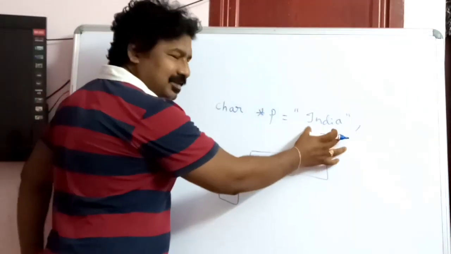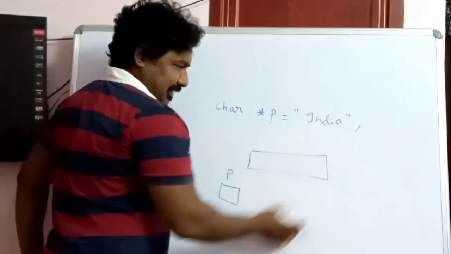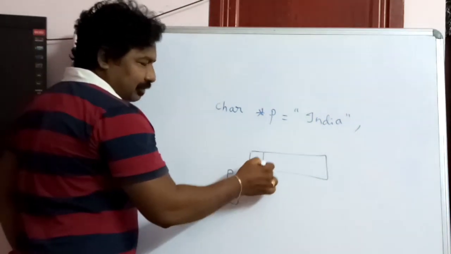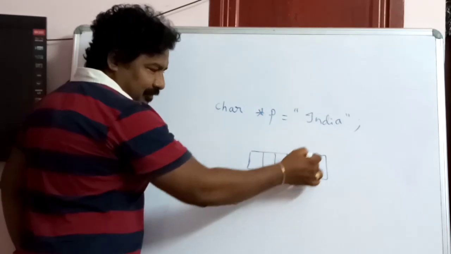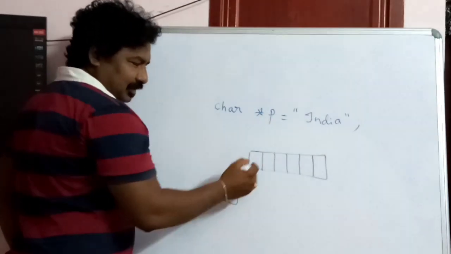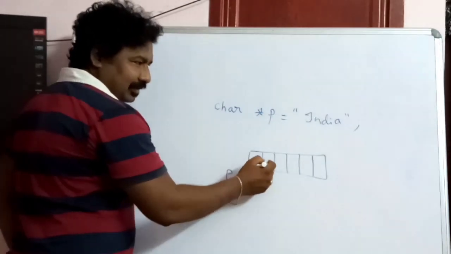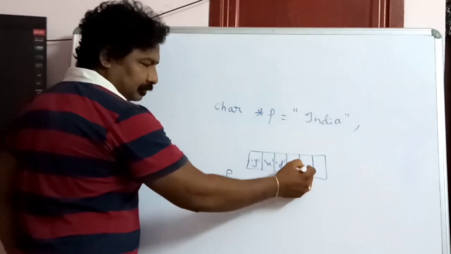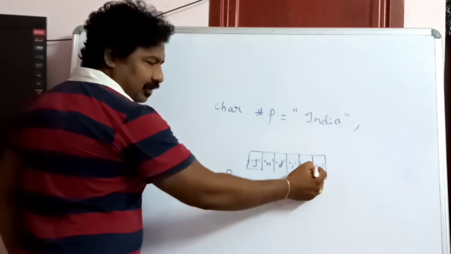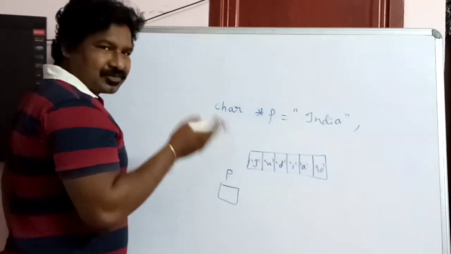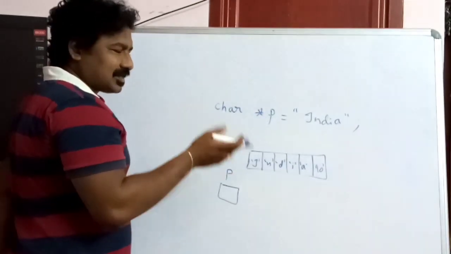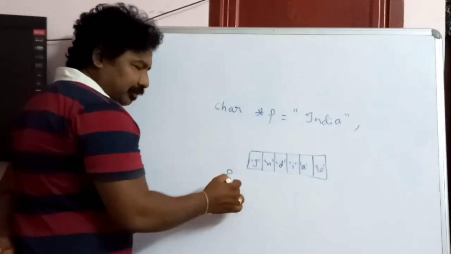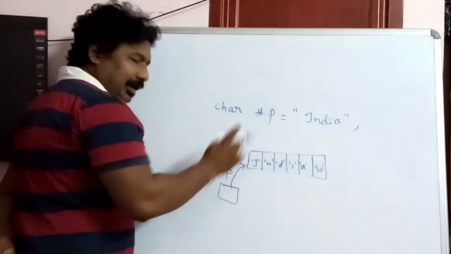Where your string has 5 characters, the array will be created with 6 bytes, where each and every letter gets stored like this, and the last character will be \0. We know that a string will have \0 as the last character. Your pointer p will point to this array.